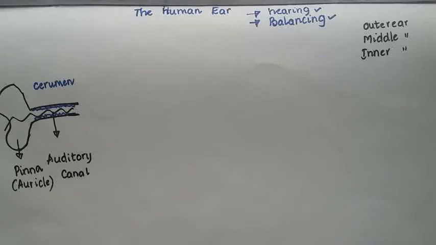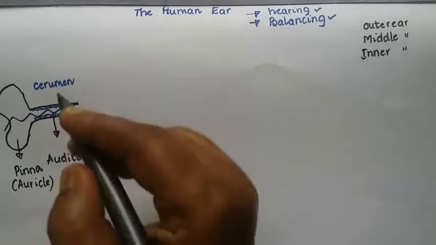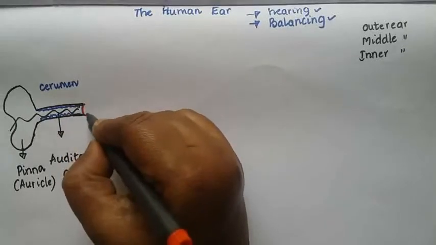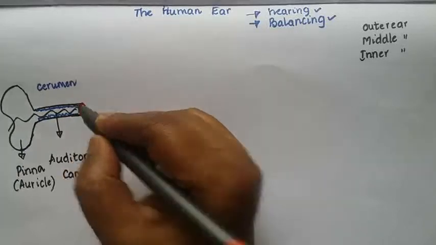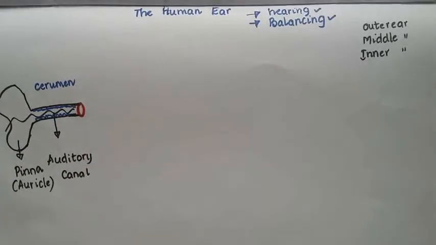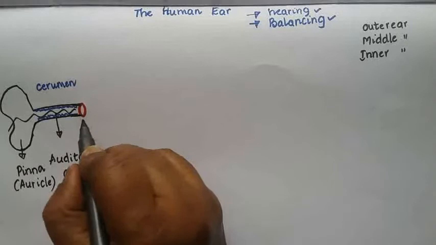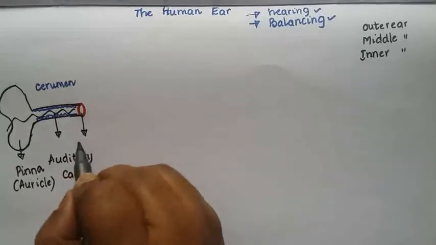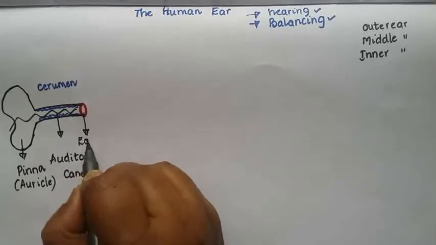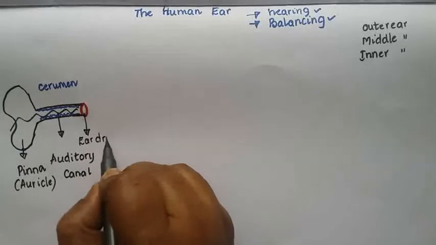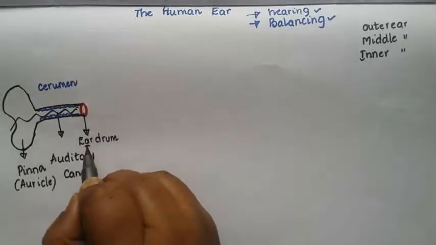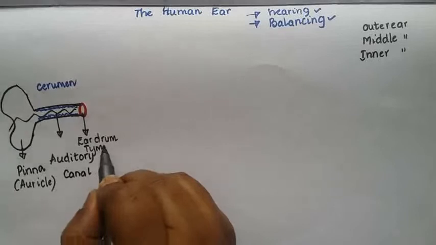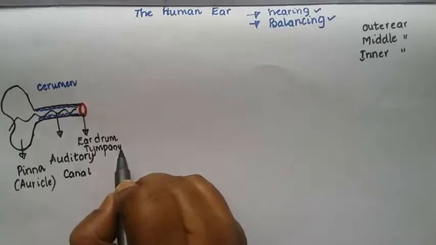So at the end of the auditory canal, we find a membrane, which is very thin, and this membrane we call commonly an eardrum, or known as a tympanum.